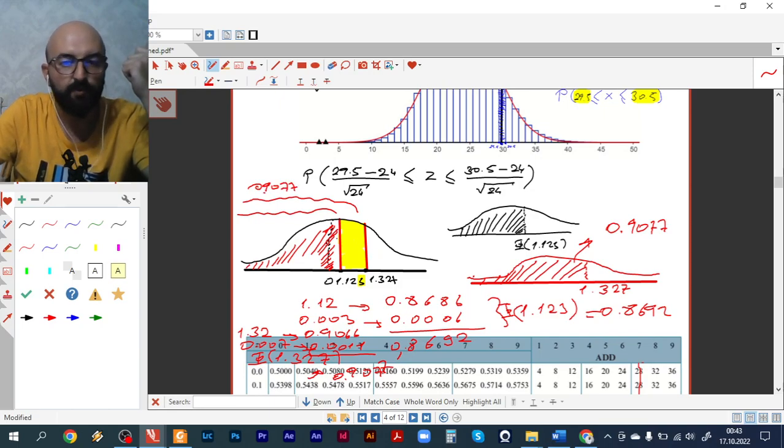And if you want the area between these values, you should make a subtraction.